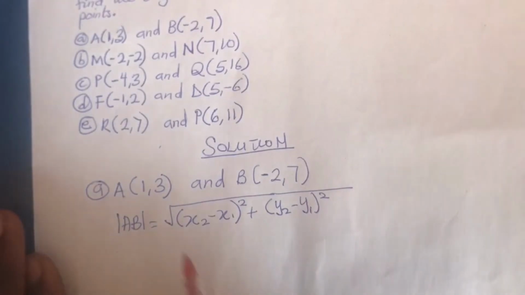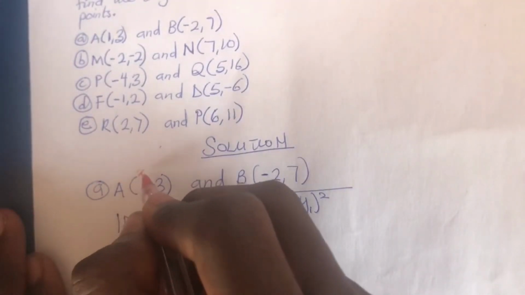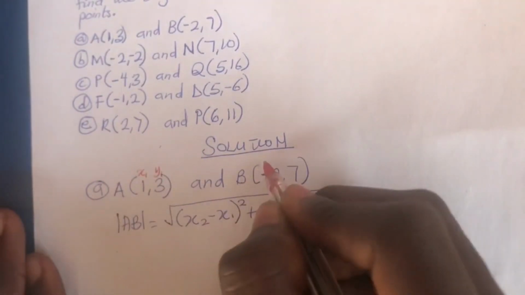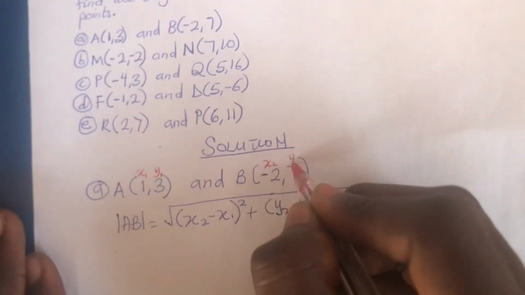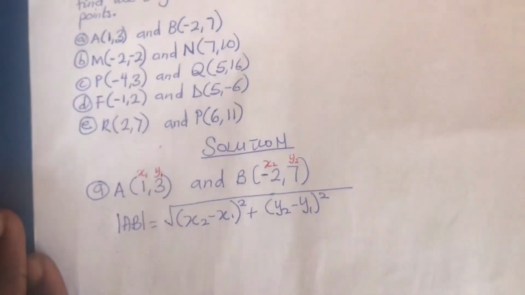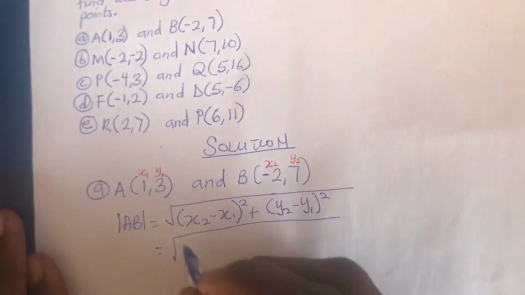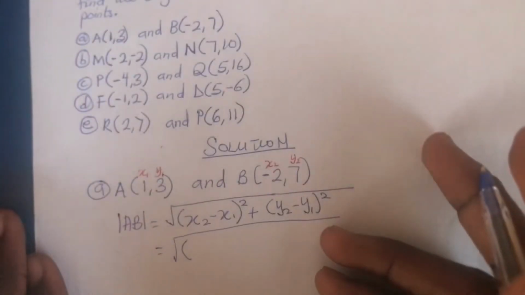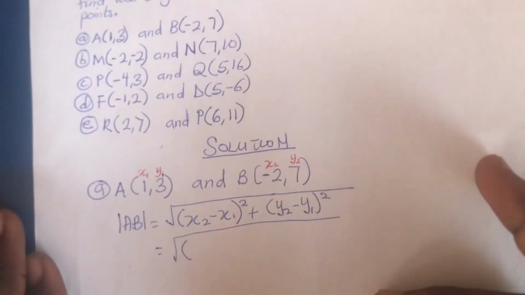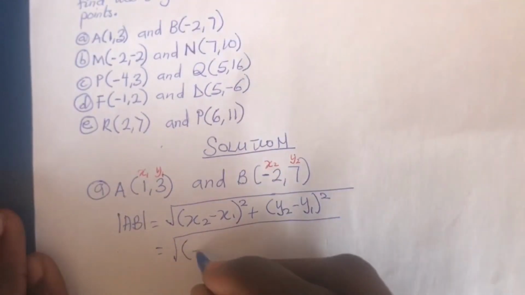Great. So let's just say for this question, this is our x1, this is our y1, this is our x2, and this is our y2. So we are just going to substitute it into the formula. Are you okay? So let's go. Our x2 is what? Good, -2.